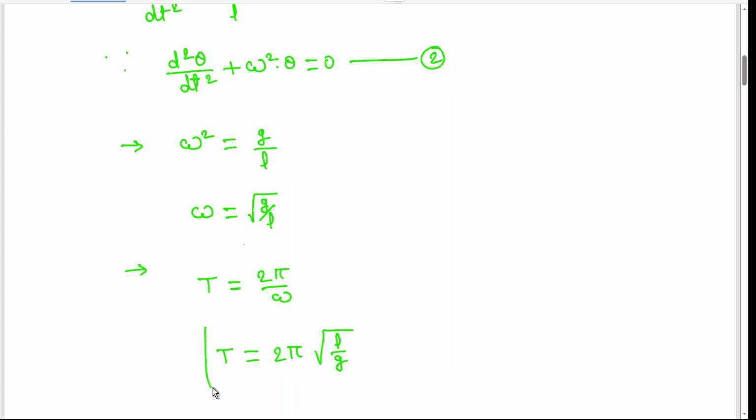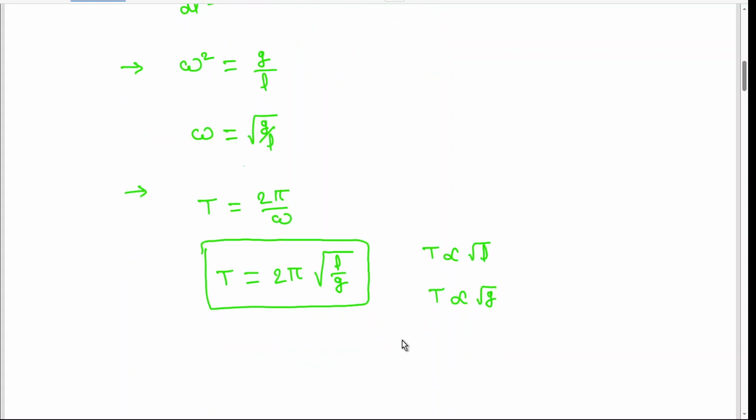So this is the time period expression for the simple pendulum, and from here we can see that this time period is directly proportional to root over L, meaning the length of the string, and inversely proportional to root over g, the acceleration due to gravity, and it is independent of the mass of the bob, meaning whatever mass we take, the time period will be the same.